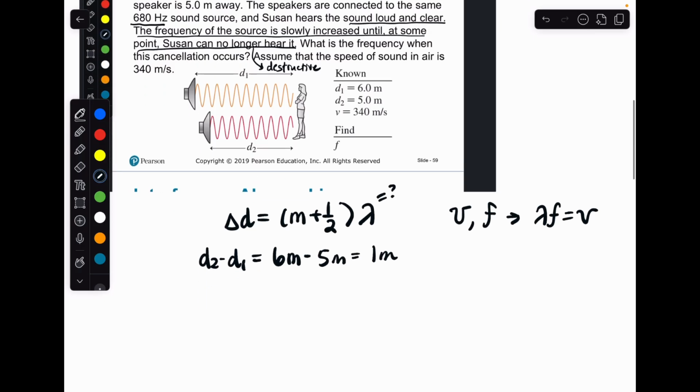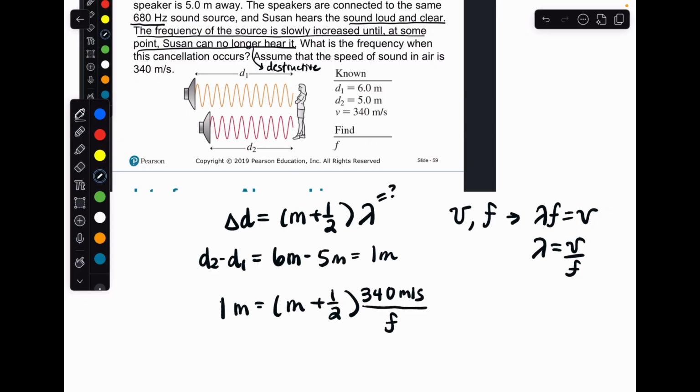So let's go ahead and make a substitution. Since we don't care about wavelength, we're going to express the wavelength as velocity over frequency. And so now let's rewrite our equation with everything we know. We know that delta D is 1 meter, and we don't know m, and we know that the velocity is 340 meters per second, and then our frequency is what we're solving for.